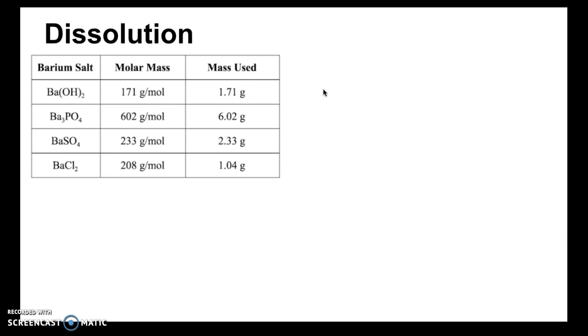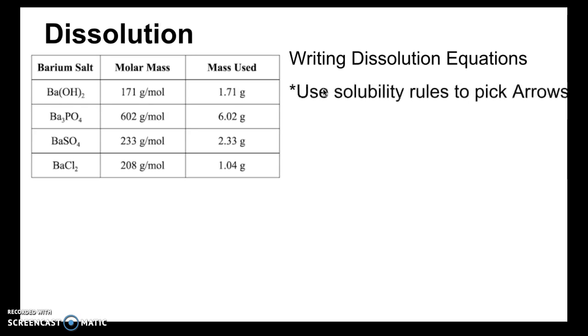Okay, so we're going to write our dissolution equations, and in writing the equations, remember, you're going to use solubility rules to help you pick the arrows. It's a single arrow when all of it ionizes, so we use those for soluble salts, or a double arrow when it only partially ionizes, and we use that for slightly soluble or insoluble salts.